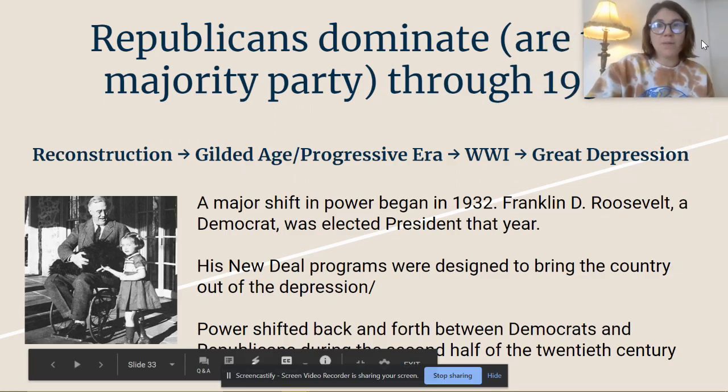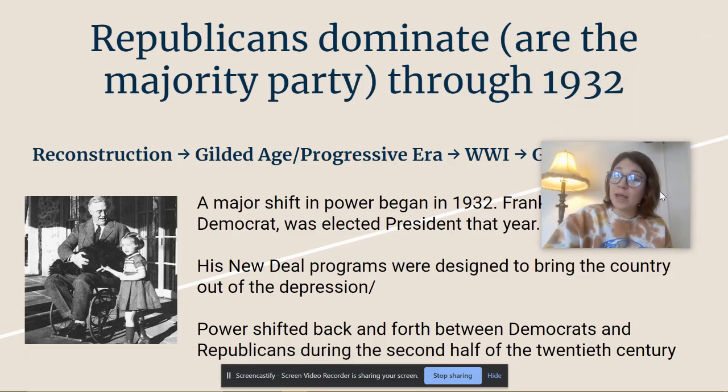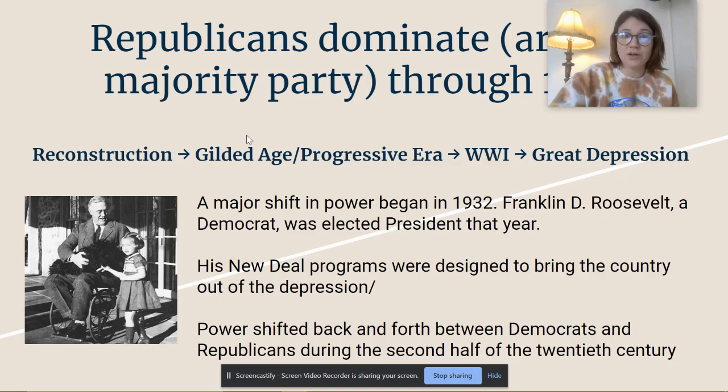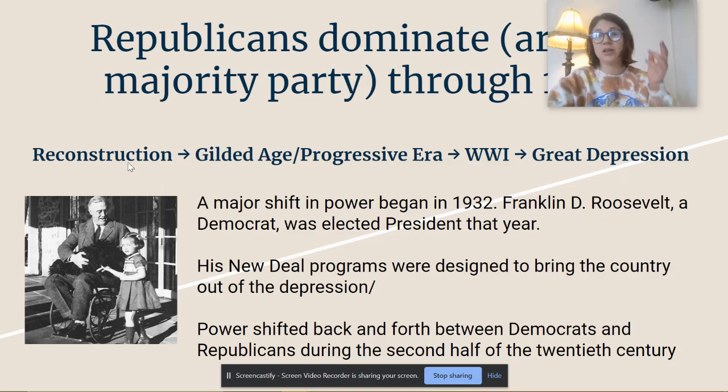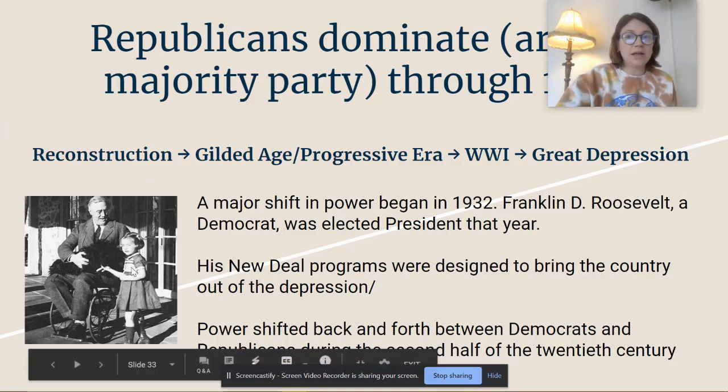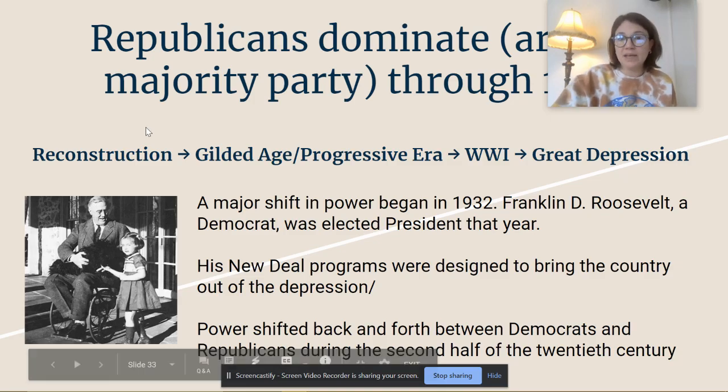So as we've seen, the Republicans dominate and are the majority party through 1932, from Reconstruction, the Gilded Age, World War I, and the Depression. This all starts to change, though, in 1932. We have Franklin Delano Roosevelt, FDR. He's a Democrat, and he's elected that year.